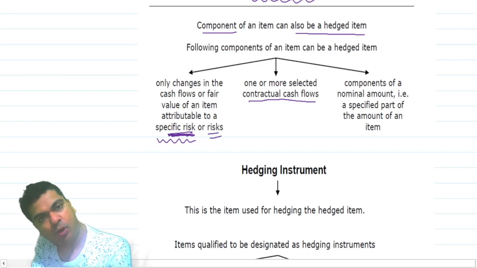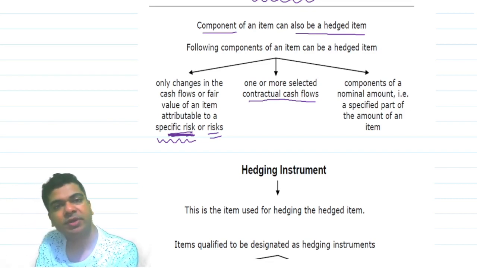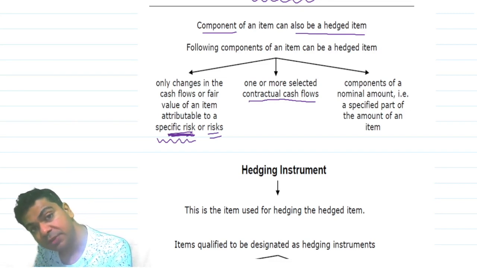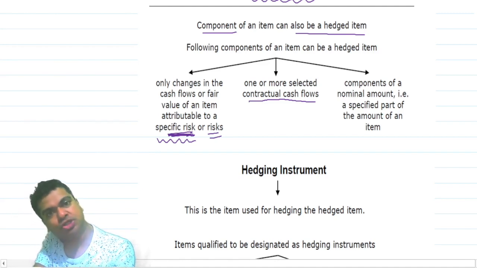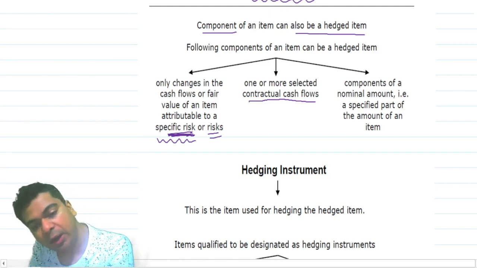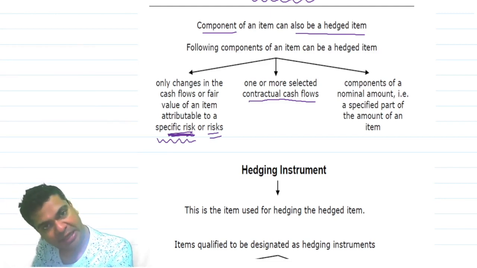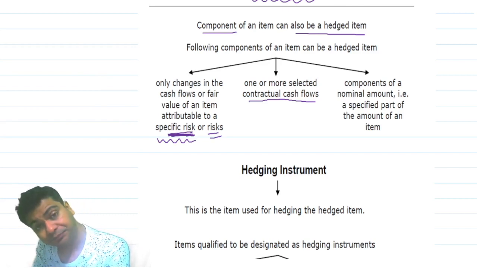So let us say you have invested in some financial instrument. This financial instrument is giving rise to interest. This financial instrument will also give rise to principal amount. I want to hedge only the interest, right? So you are going for a hedge for a particular contractual cash flow. This is also something which is possible under the hedge accounting system.